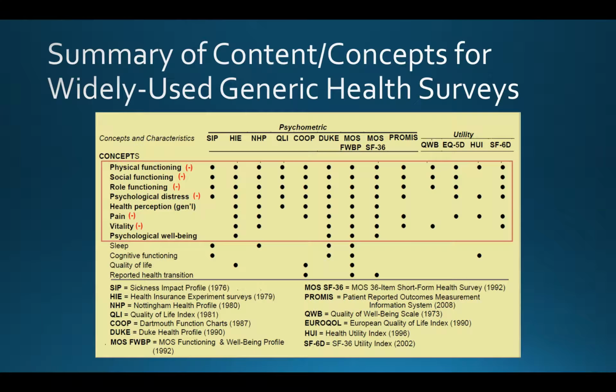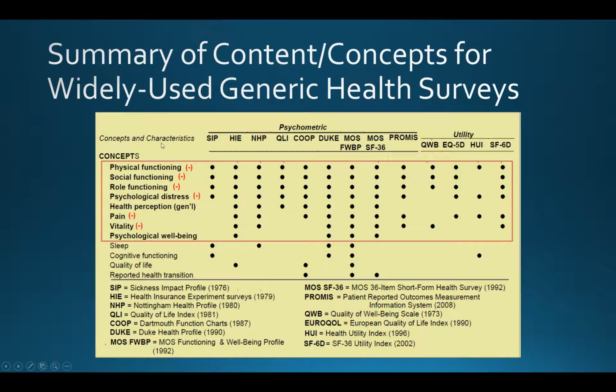So how do we actually assess health-related quality of life? There are several surveys that are widely used to get an idea of general health. But from these, the concepts that they include are those concepts that are in a lot of these models that we just looked at that can give us an idea of somebody's health-related quality of life.